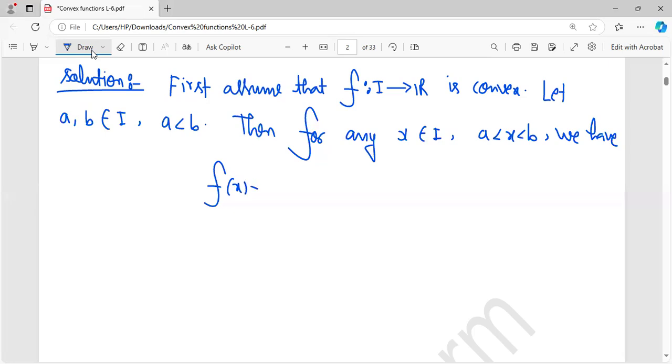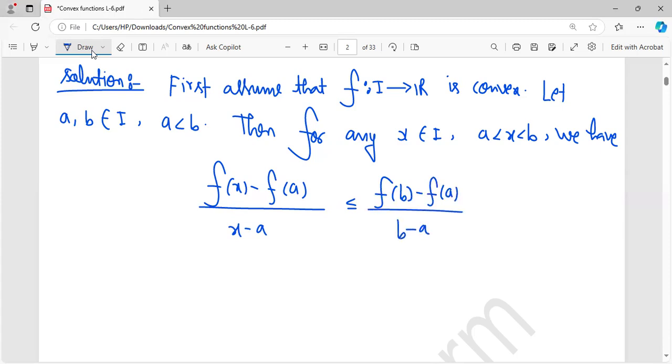(f(x) - f(a))/(x - a) is less than (f(b) - f(a))/(b - a), which is less than (f(b) - f(x))/(b - x).